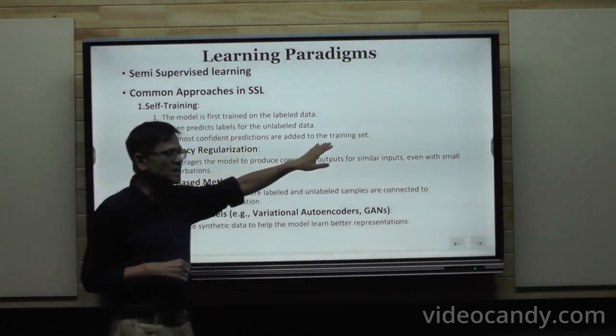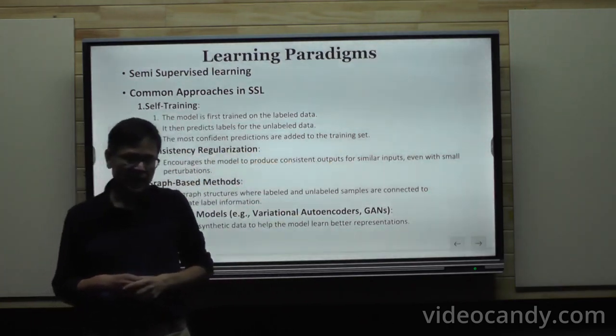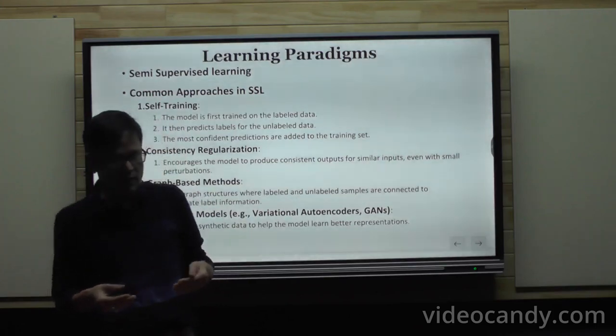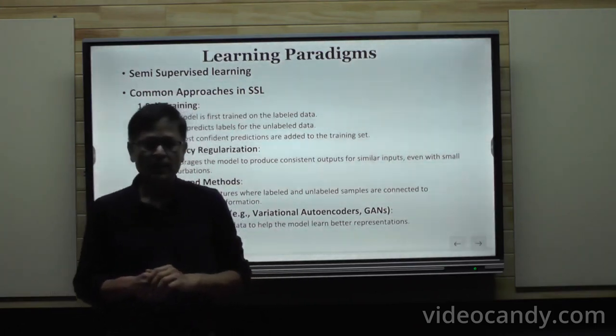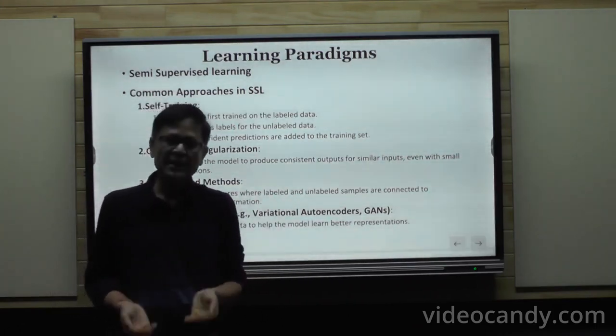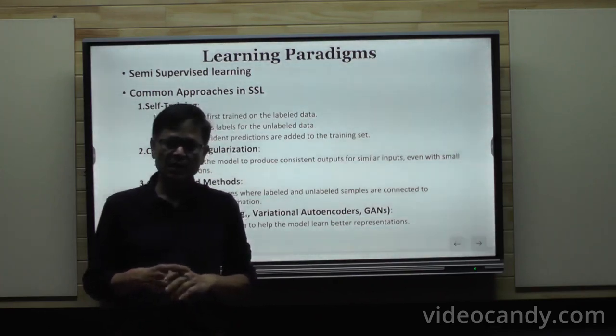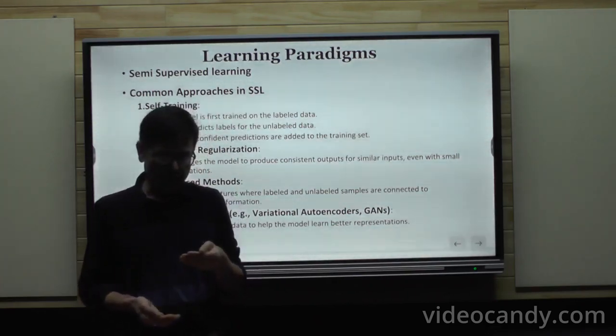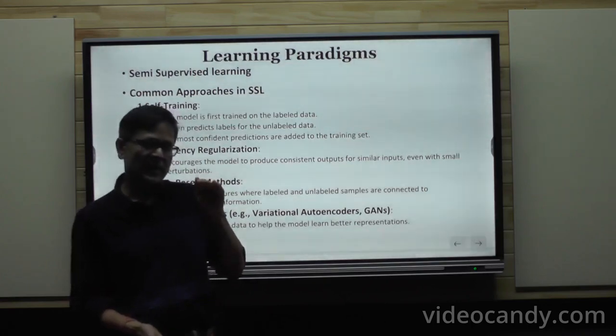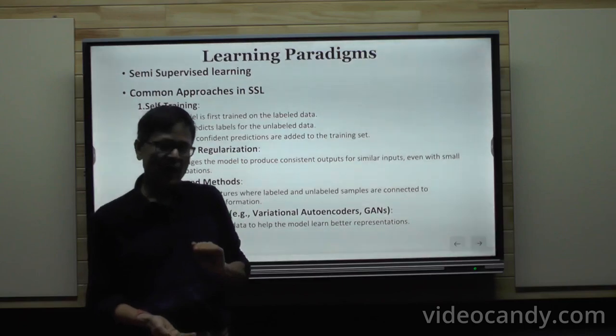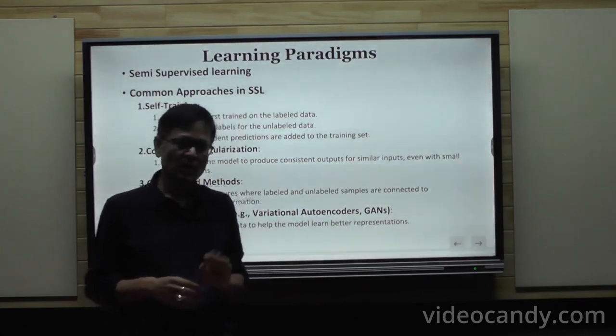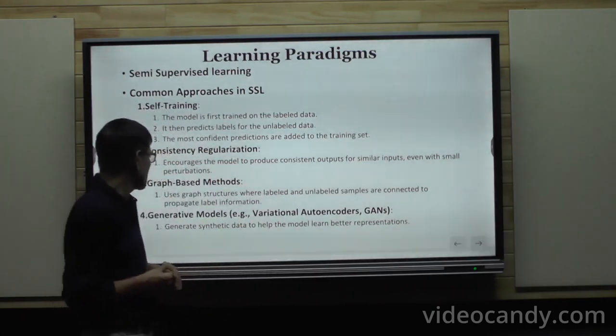The most confident predictions are added to the training set. Whenever you are sure that this is the correct prediction, you add it into the training set. So the training data set keeps on increasing, whereas the unlabeled data set keeps on decreasing. At the end you have the majority of labeled data.